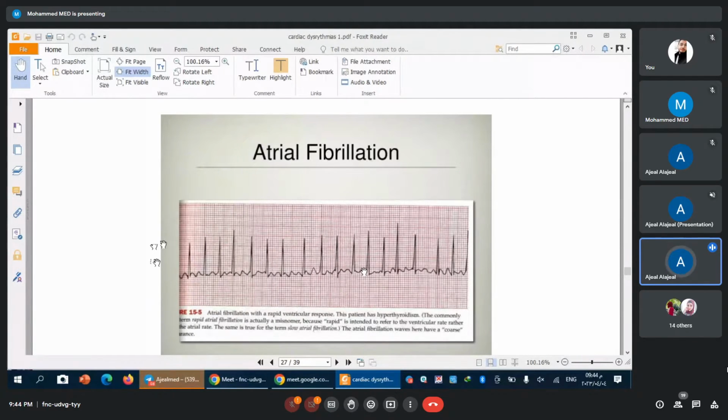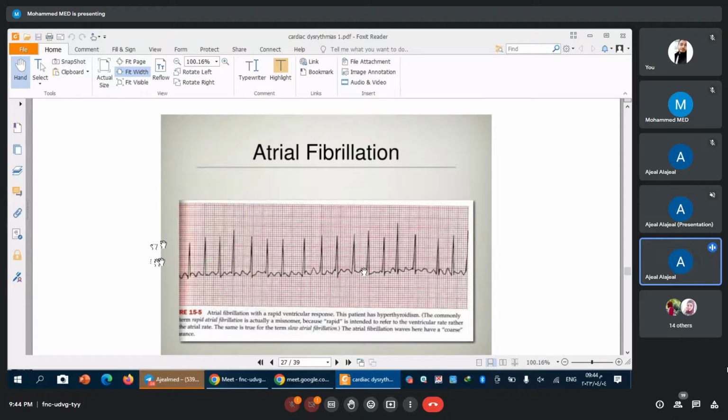I will inject the patient subcutaneously with one of the low molecular weight heparins like Clexane. Okay? Why should I give an injectable anticoagulant? Because if this atrial fibrillation converts back to sinus rhythm, then during the time of fibrillation, a thrombus could have formed inside the atria.